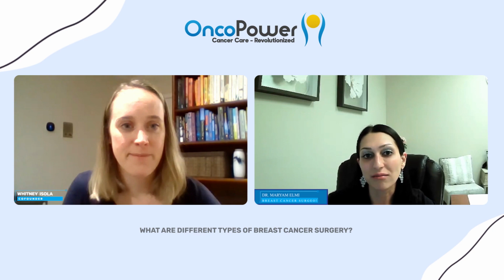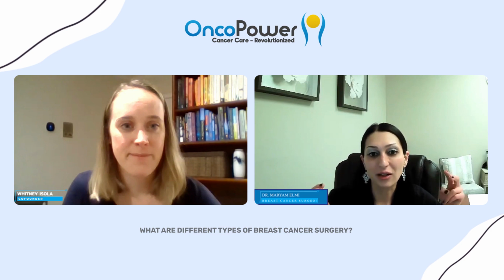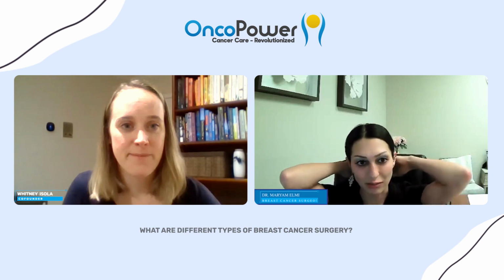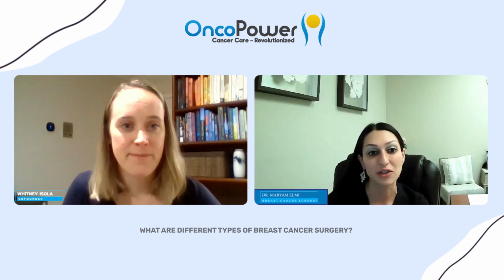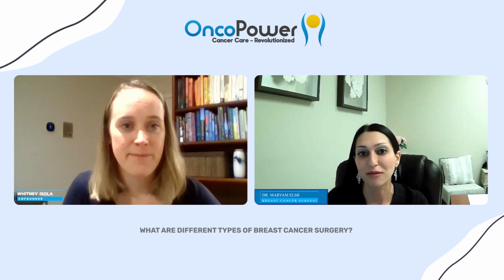So one of the simpler ways of thinking about oncoplastic lumpectomy is if I'm removing an area of tissue, well, what are we going to do in order to fill in that hole, so to speak? So sometimes we bring the patient's own tissue, we swing it around to maintain the shape and cosmesis. So you've got variations of lumpectomies, but the principle is to remove part of the breast tissue.